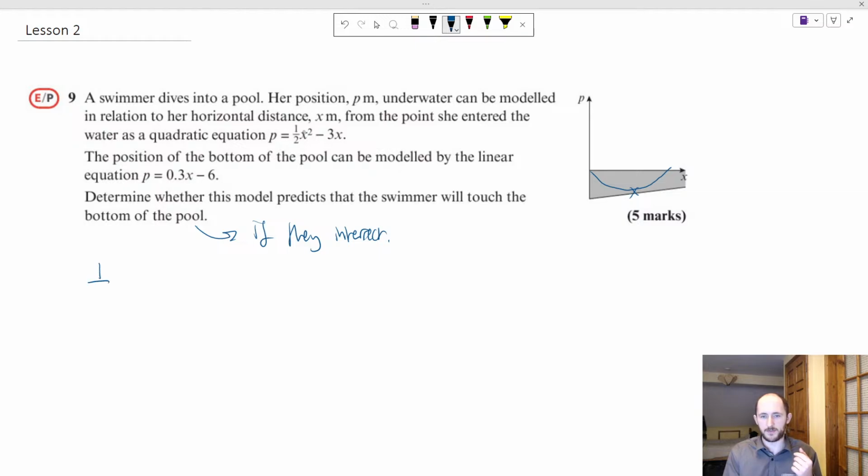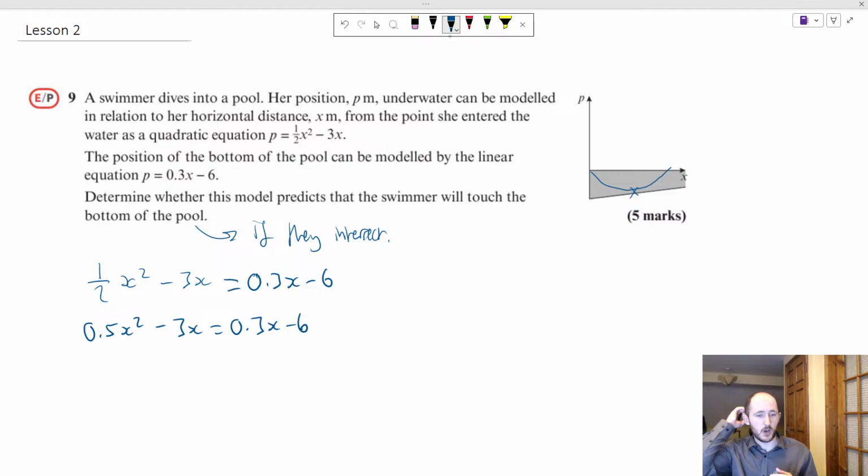I'm going to write half x squared minus 3x is equal to 0.3x minus 6. Now I'm going to write this all again, just in decimals, just to make it a bit easier for me. And I'm going to move everything over to the left-hand side, because remember, when we do something like this, we're trying to solve it, right?